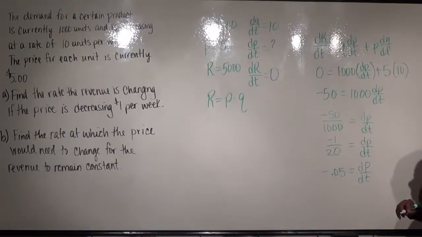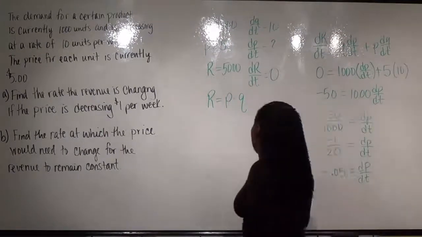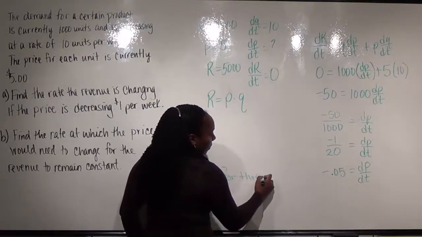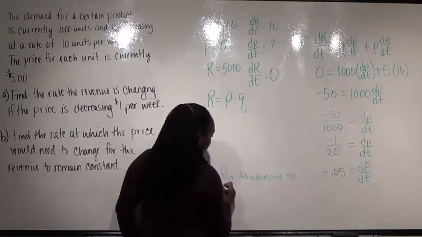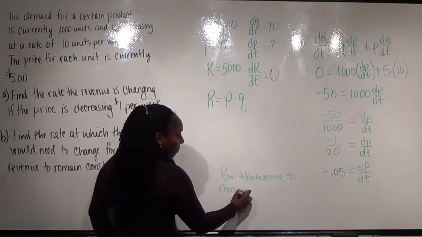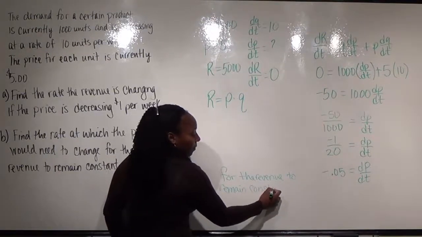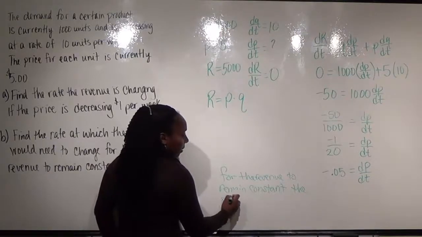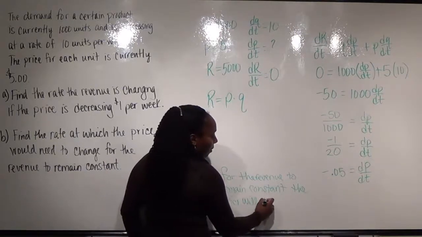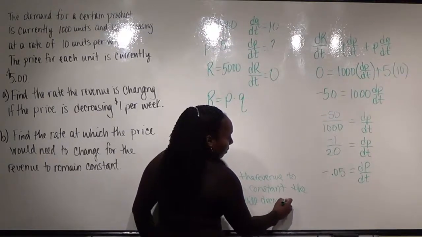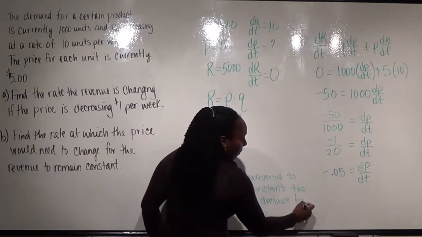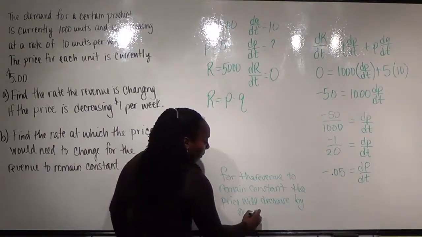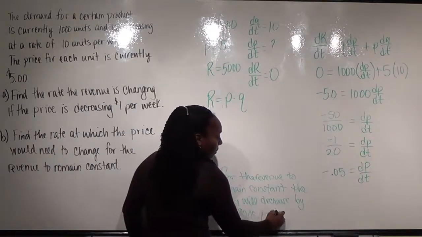It means, for the revenue to remain constant, the price will decrease by 5 cents per week.